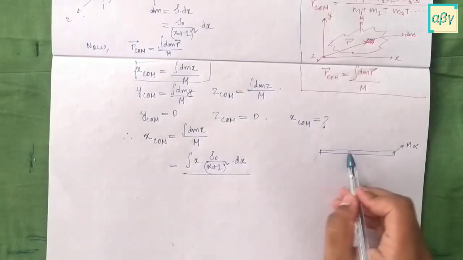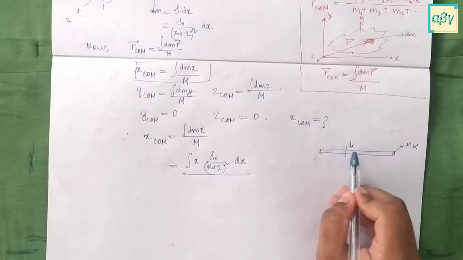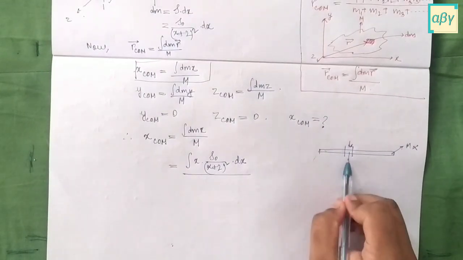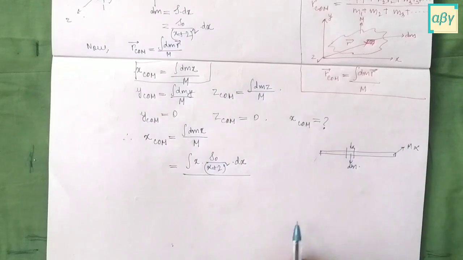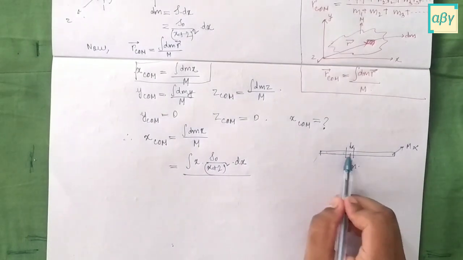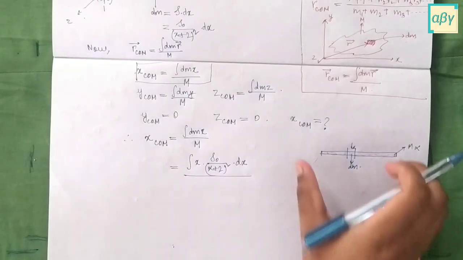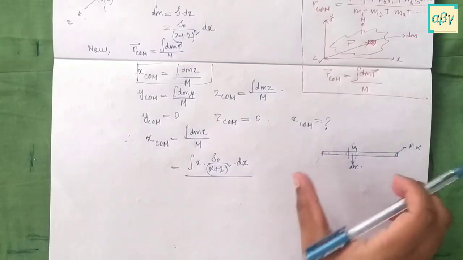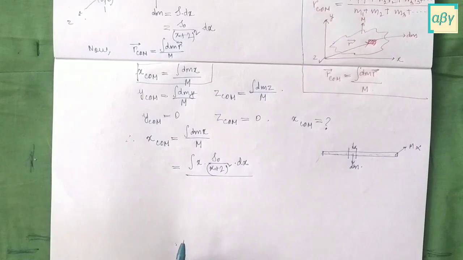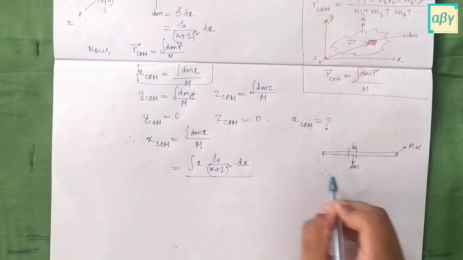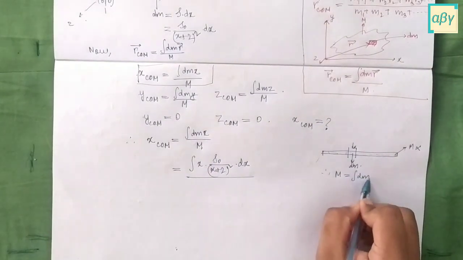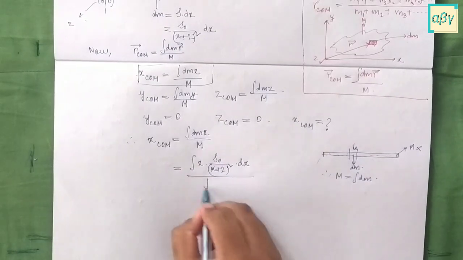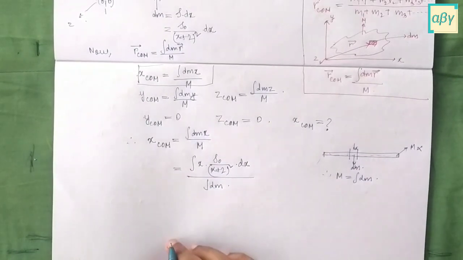I had taken a small portion of the rod dx which has some mass dm. If I integrate all such small portions together, I get the total rod, and similarly if I integrate all such small masses, I get the total mass of the rod. So capital M is equal to integration of dm. I can write integration of dm in place of capital M.